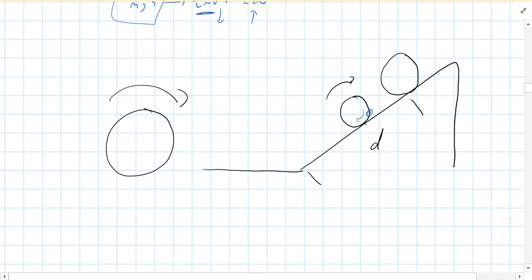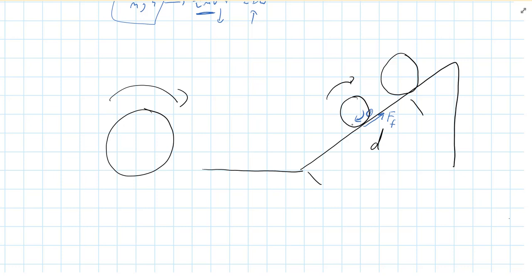Friction opposes that relative motion, and static friction in this case, believe it or not, actually points up the incline. Again, friction is resisting the relative motion between the two objects. Well, if this thing is spinning like this, that little part of the disc is trying to go down the incline. So friction opposes that relative motion and pulls up. So it turns out that friction is actually helping the cylinder or the disc go up the incline.